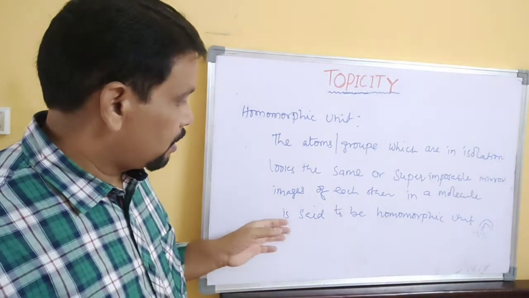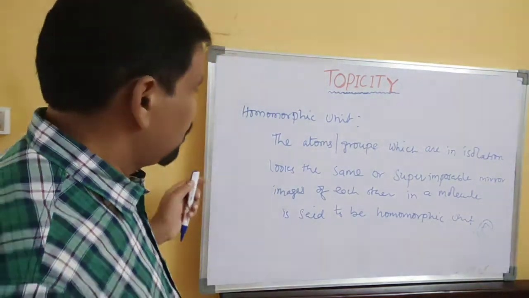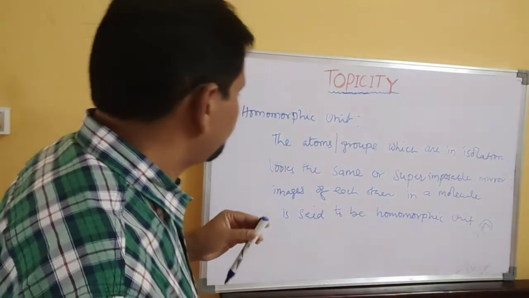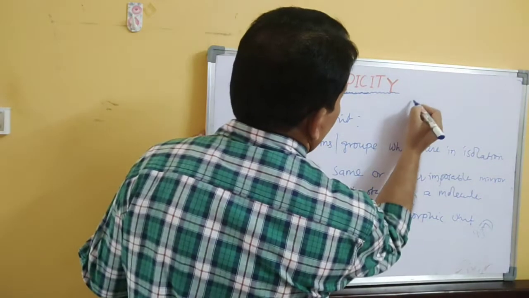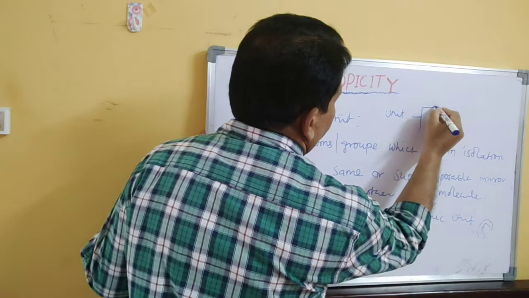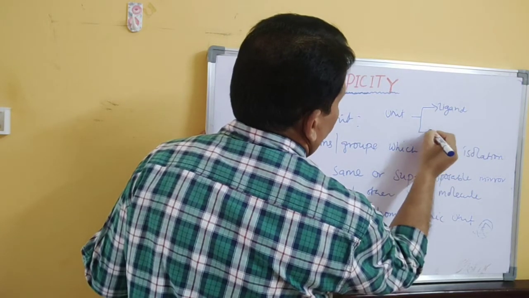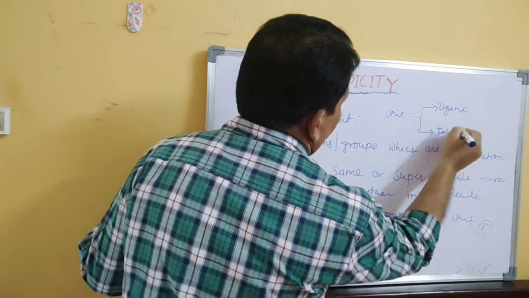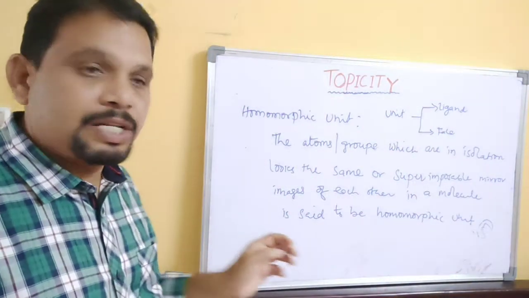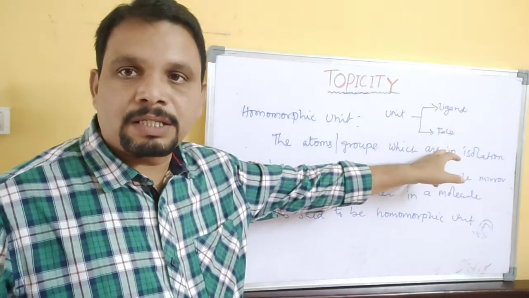So if I draw a molecule, then you will understand clearly. First of all, a unit may be a ligand, or it may be a phase. Okay, both can be considered as a unit.